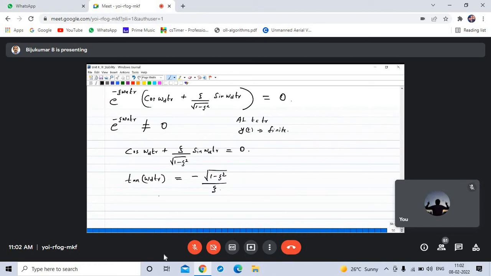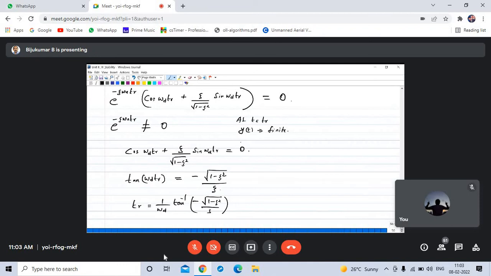So from this we can calculate tr is equal to 1 by omega d tan inverse of minus root of 1 minus zeta square by zeta. Clear?